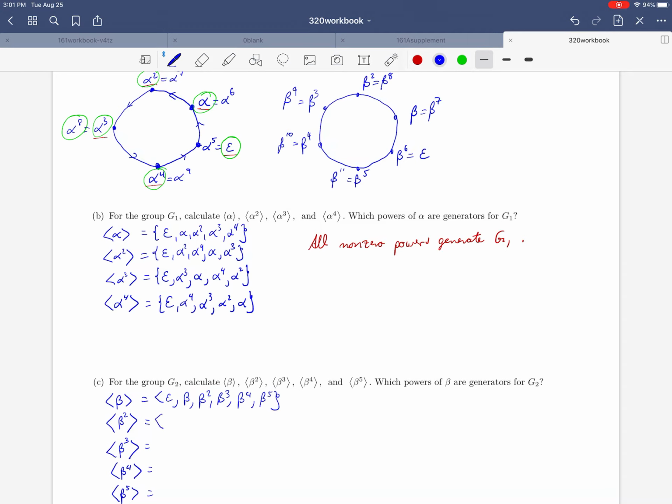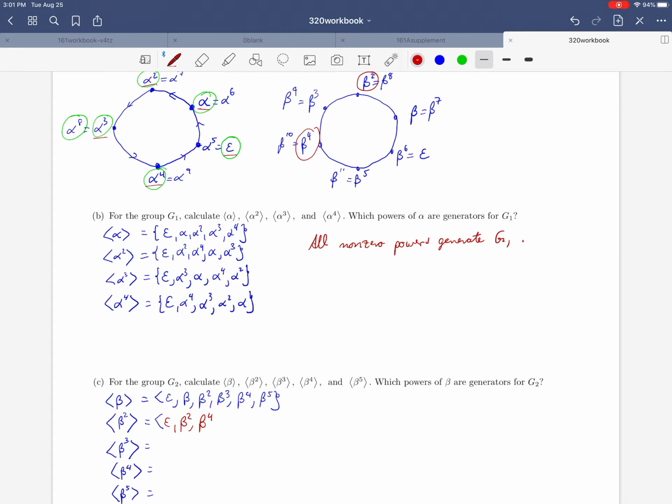What about with beta squared? Let's see what happens here. I'm going to change colors, and we are starting with beta squared. So if I take beta squared and square it, I'm basically skipping the next point. I'm going straight to beta to the 4th. So I had the identity, I have beta squared. The next one I get is beta to the 4th.